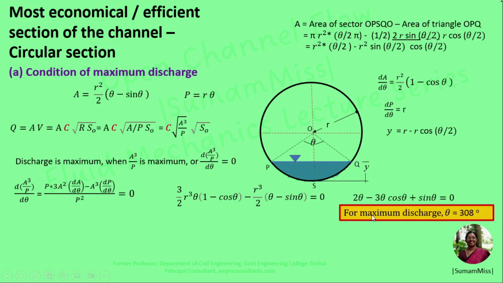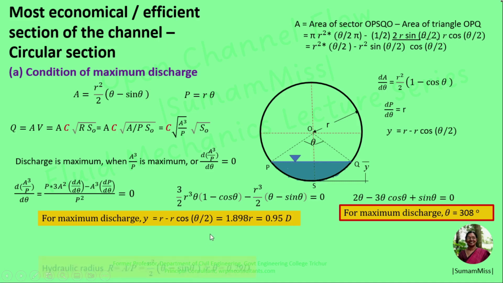The value of theta for the maximum discharge condition is theta equal to 308 degree, and the flow depth y is equal to r minus r cos theta by 2. If you substitute the value of theta, you will get the condition for maximum discharge, the value of y equal to 0.95 d.